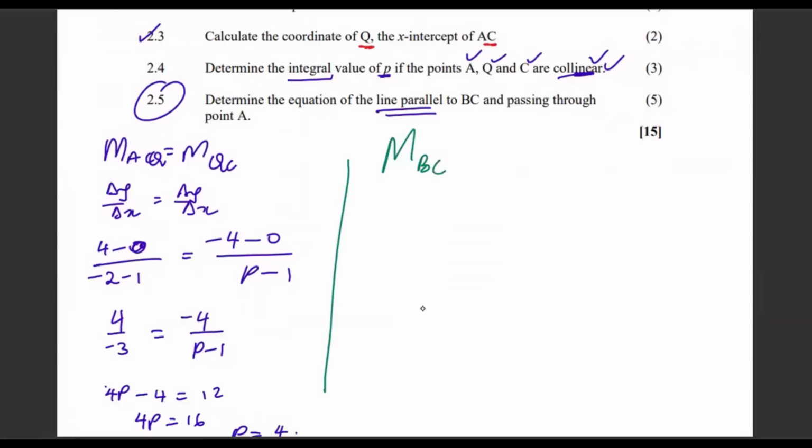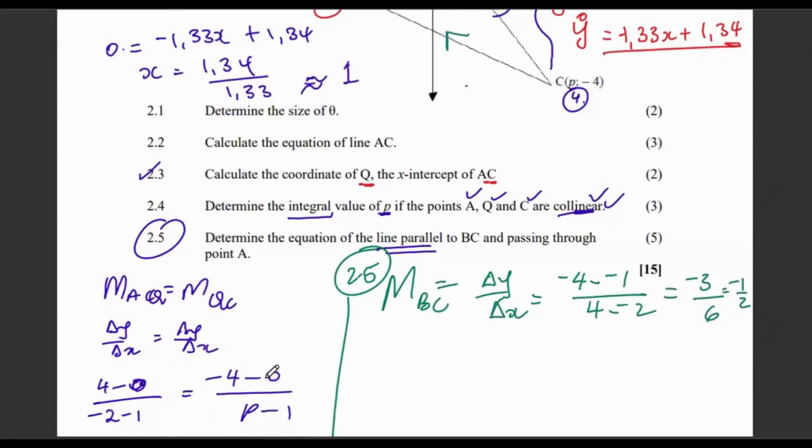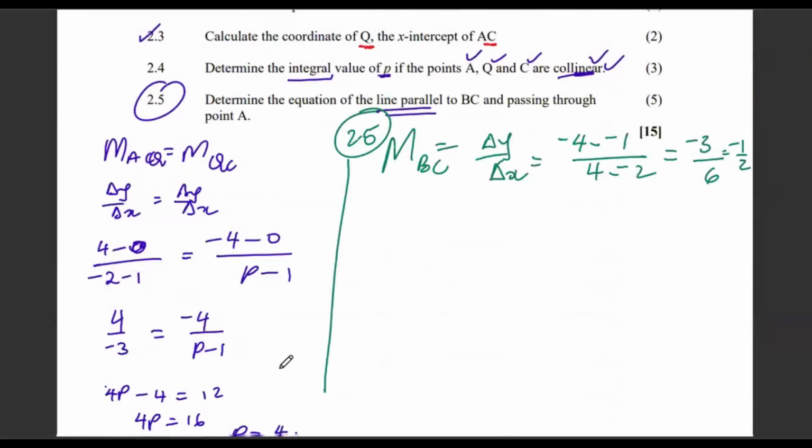So gradient of BC, we're going to have the change in y over the change in x. Looking at the coordinates, I'll say minus 4 minus minus 1 over 4 minus minus 2. So this gives me a negative 3 over, when I simplify that, I get 6, which is negative a half. Good.